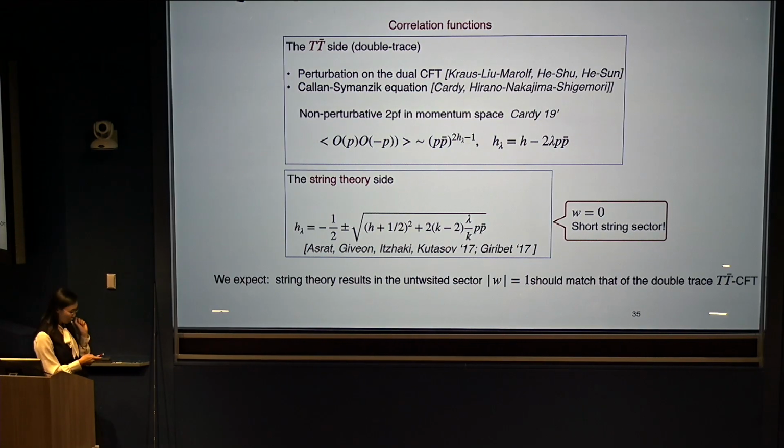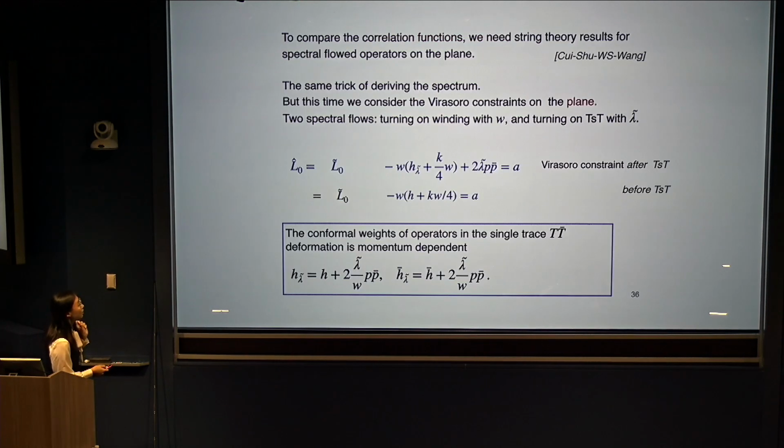And this is essential. And with that, we can just have a quick look at how we recover this shift of conformal weight using TsT techniques. So what happens again is that we have two spectral flows.